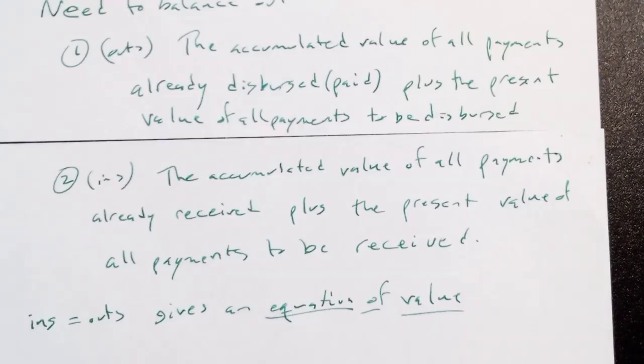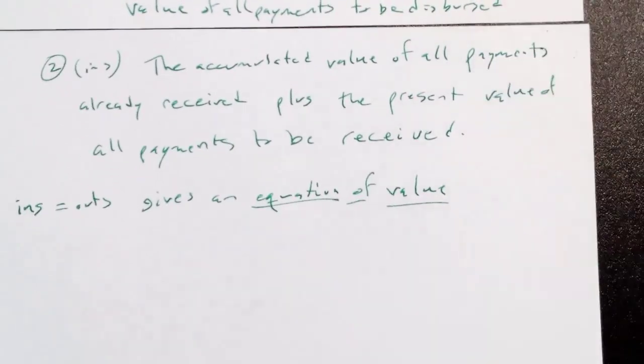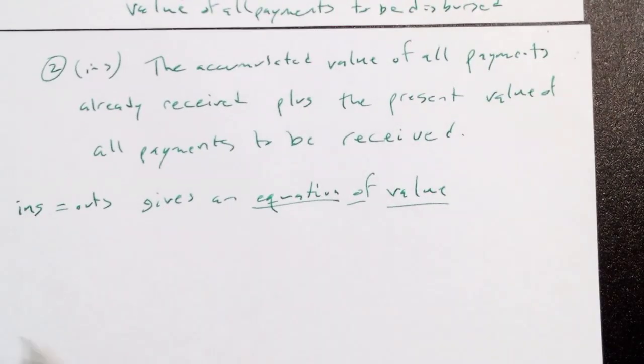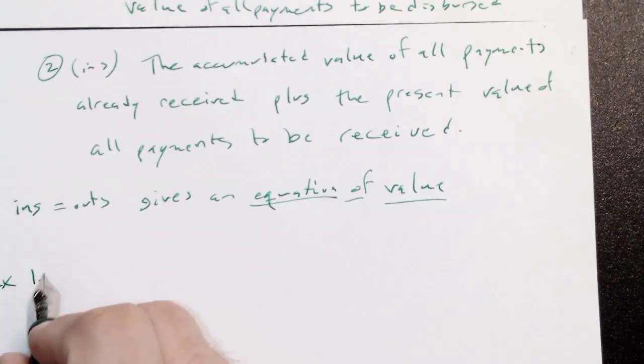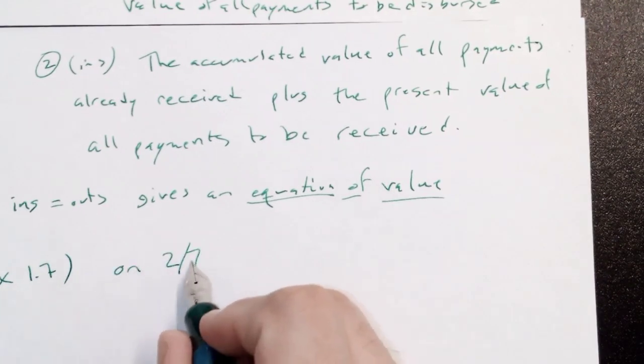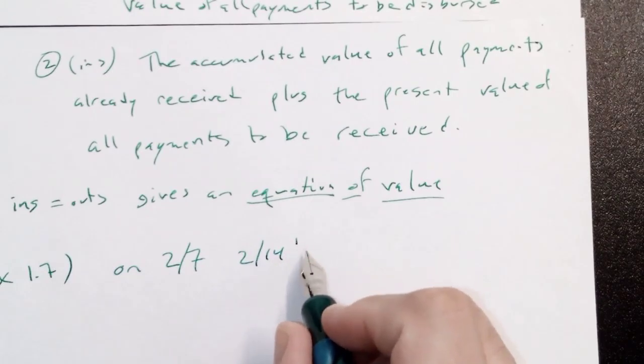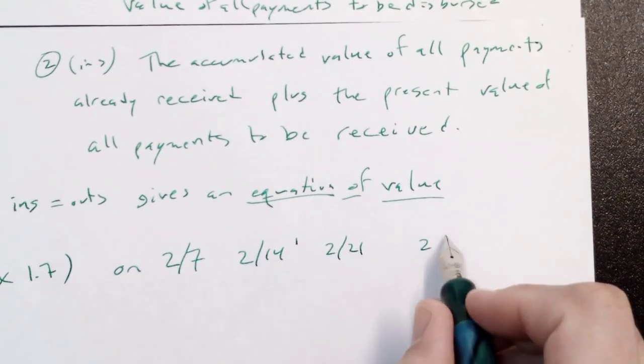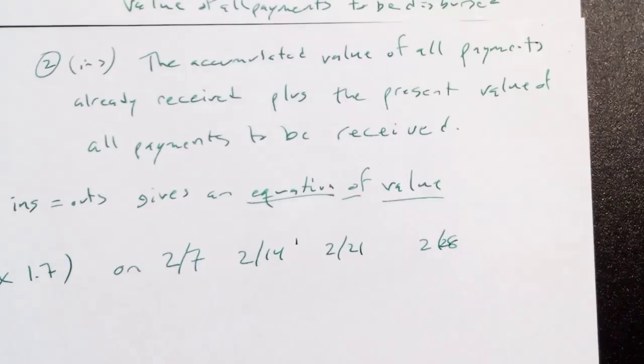I want to work through the example in the text for the unluckiest gambler alive. Every Friday in February, Friday the 7th, 14th, 21st, and 28th, Walt bets $1,000 at the track.